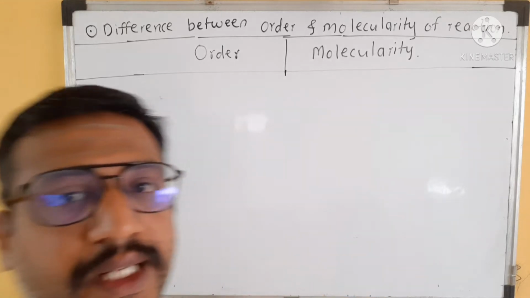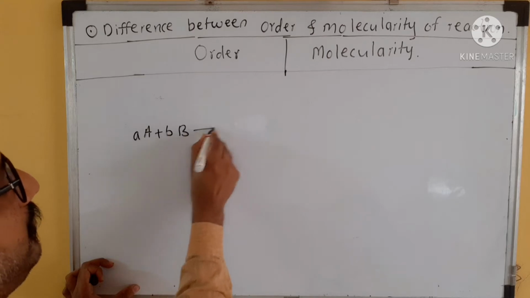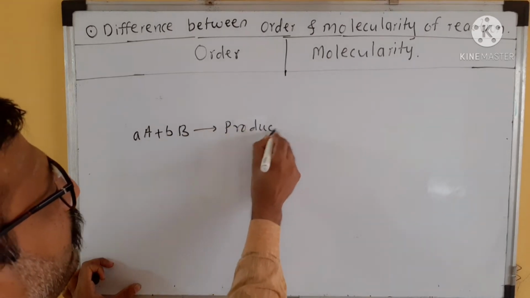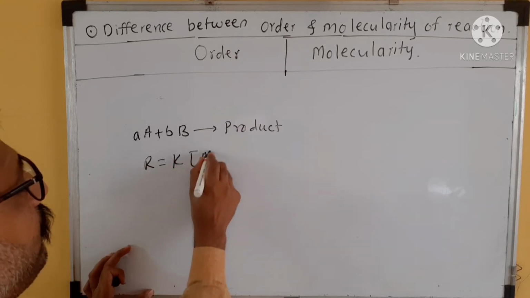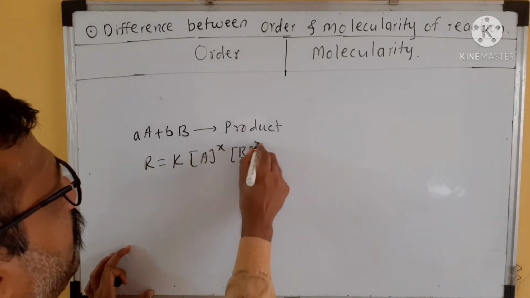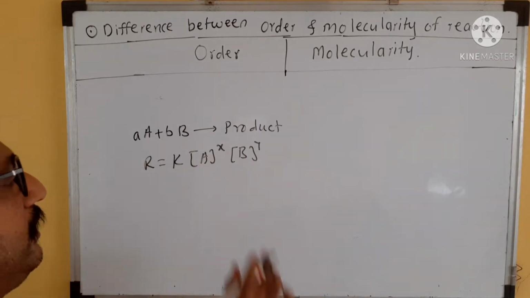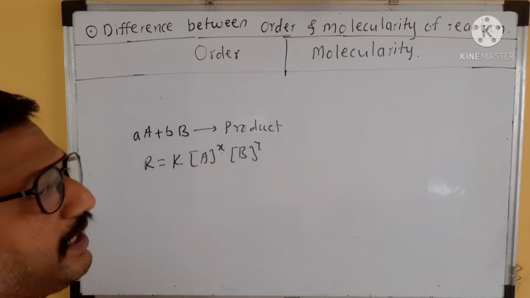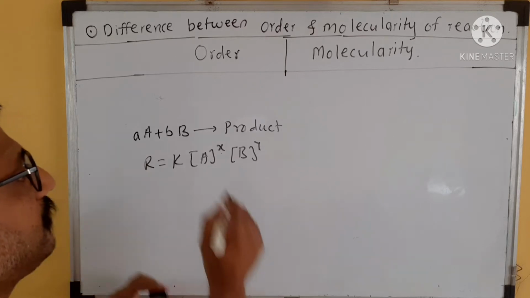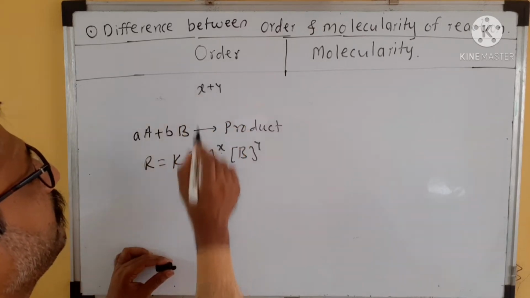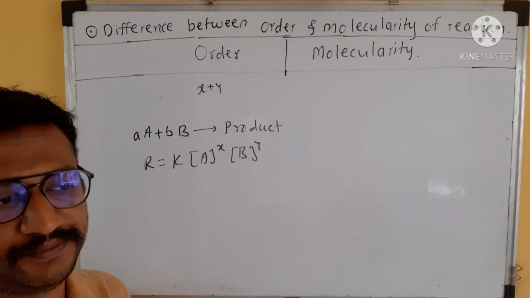For example, a moles of A react with b moles of B to form product. Here the rate is equal to k times concentration of A raised to X and concentration of B raised to Y. This is the rate law equation for this reaction, and X and Y are the powers of the molar concentrations of the reacting species. So the sum of the powers of all the species in the rate law equation is known as the order of reaction.